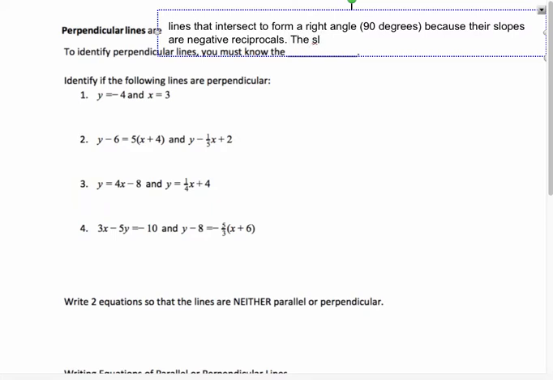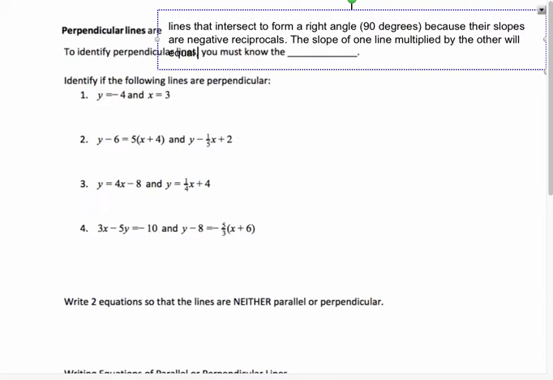The slope of one line multiplied by the other will equal negative 1.